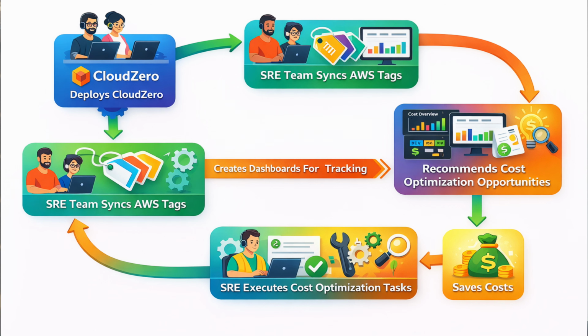If they need any assistance, they can reach out to us. Or the SRE team can also see where they are spending more, and we can recommend that this is the service that is consuming too much. I think this can be controlled.